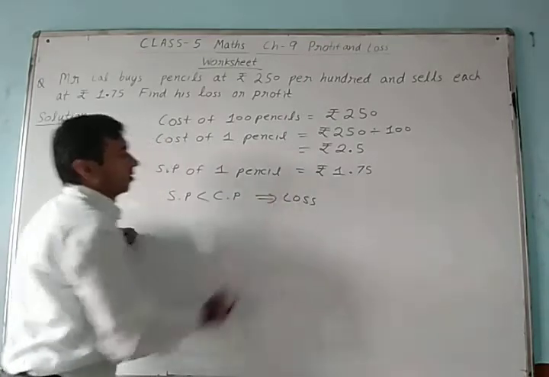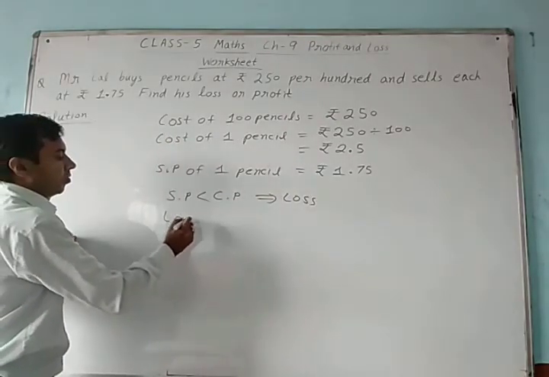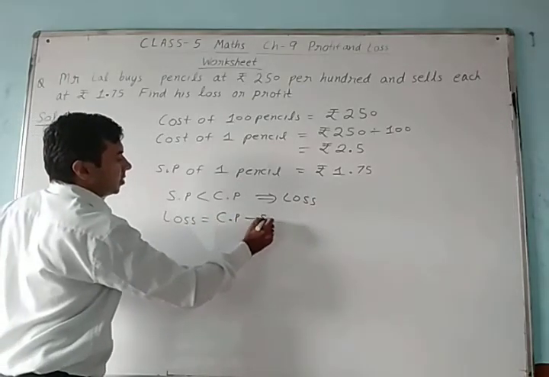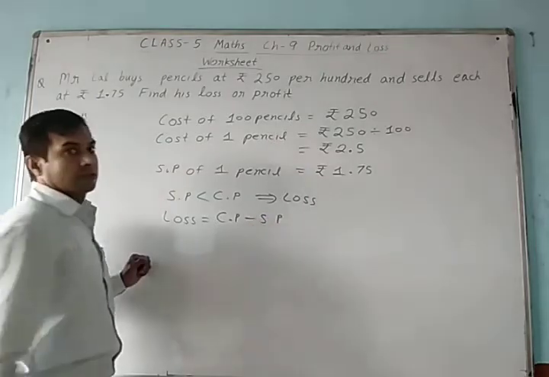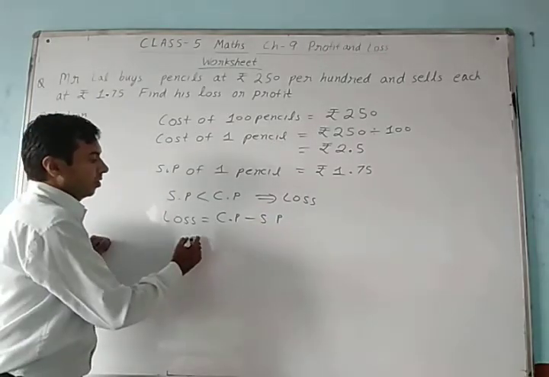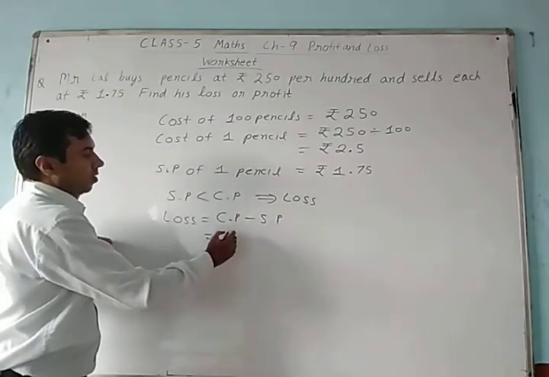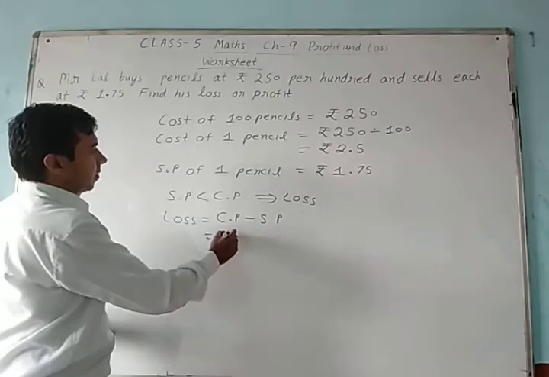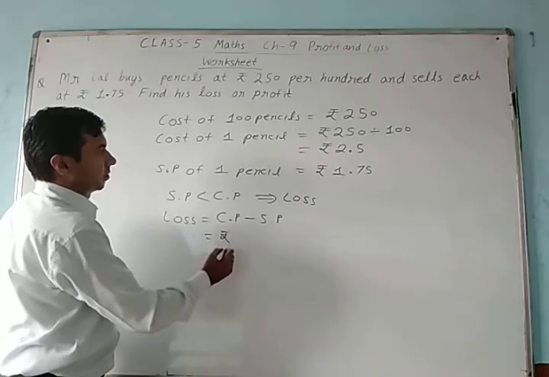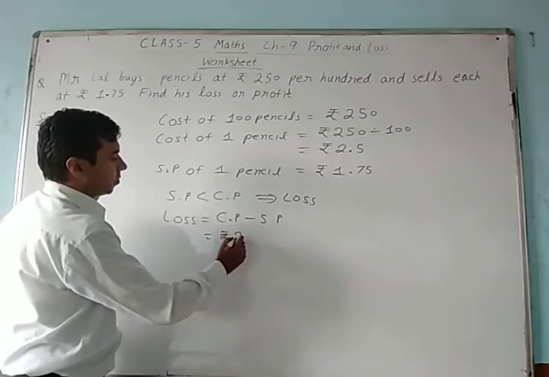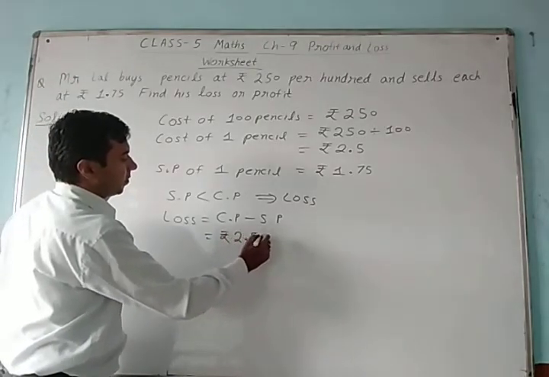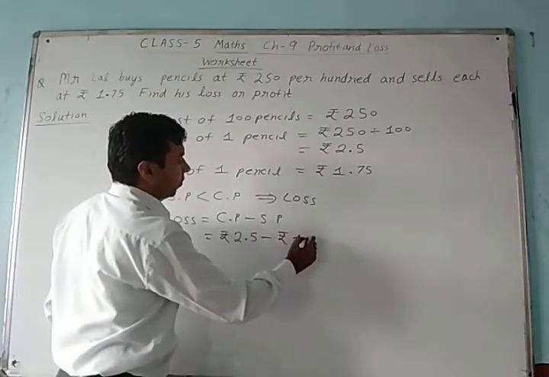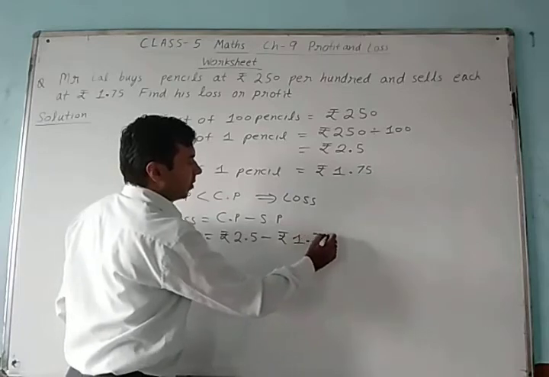Loss. And we know loss is equal to cost price minus selling price. Now put the value. What is cost price, student? Rupees 2.5 minus selling price rupees 1.75.